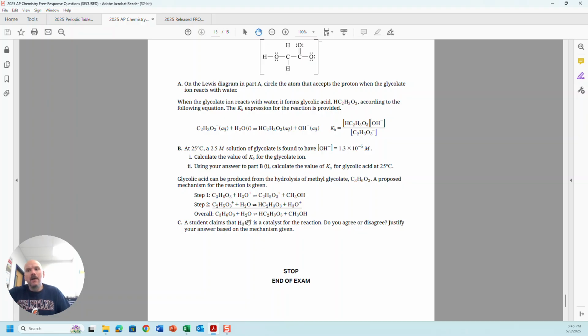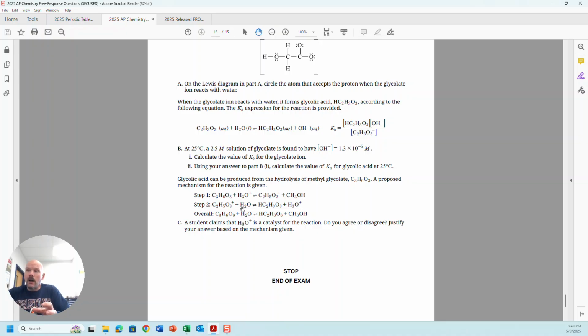Mechanisms have intermediates. Not all mechanisms have catalysts. A catalyst is something that doesn't end up in the overall reaction, but it's in the mechanism, and instead of being produced and then consumed later on, it's used initially, it's consumed, and then later on it's produced.